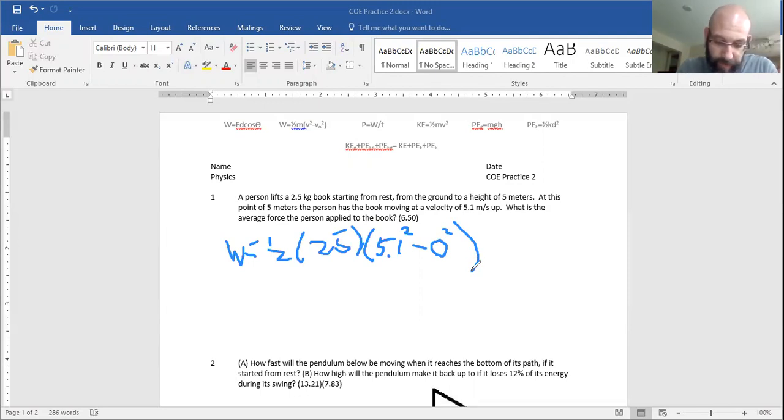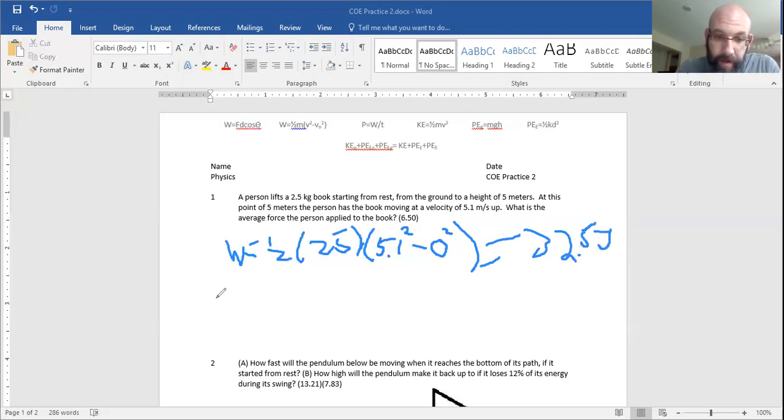Not very quick with the old phone calculator. All right. 32.5. So that is the number of joules of work that this person is doing.